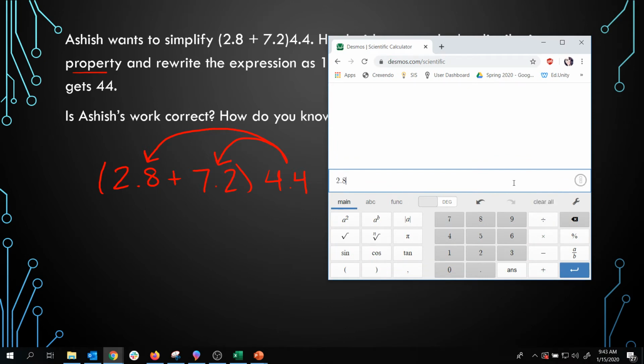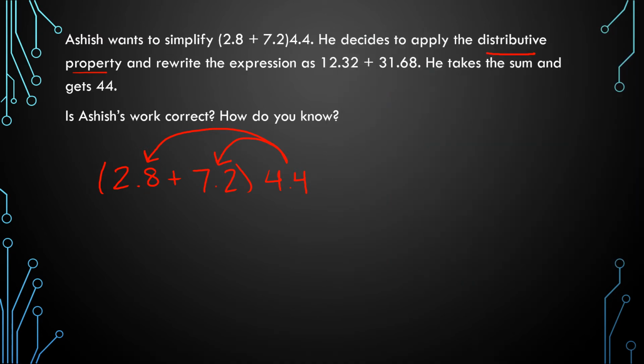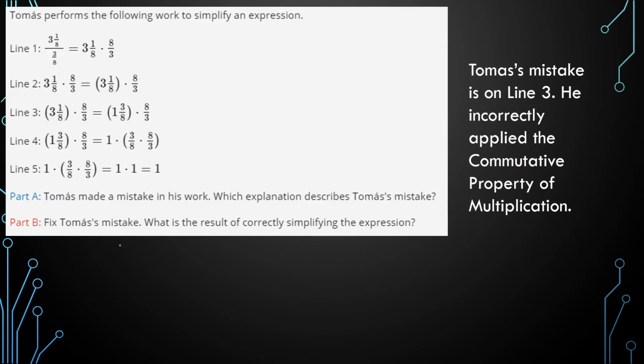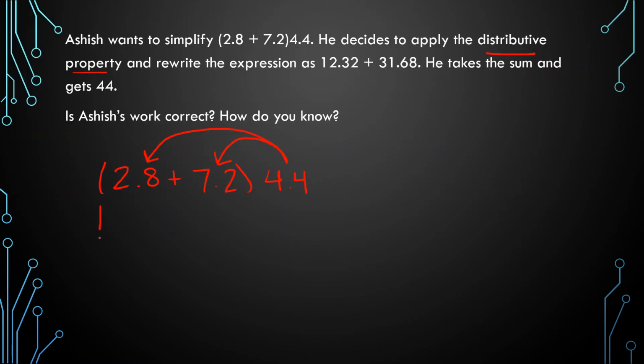So if I have 2.8 times 4.4 and 7.2 times 4.4, I'm going to get 12.32 and 31.68. So I have 12.32 plus 31.68.